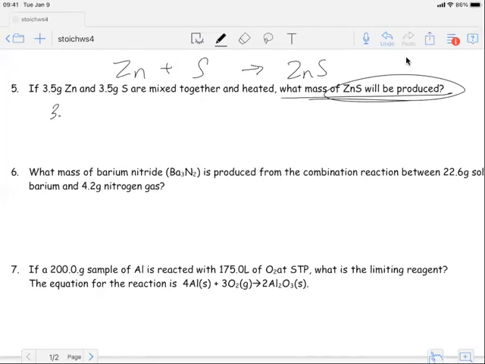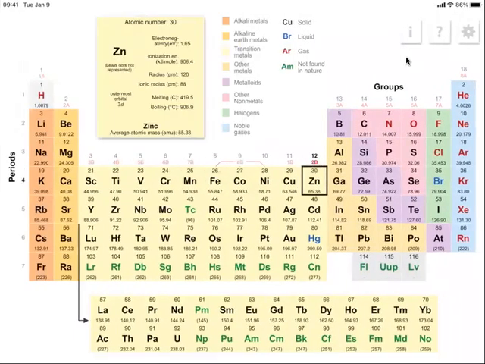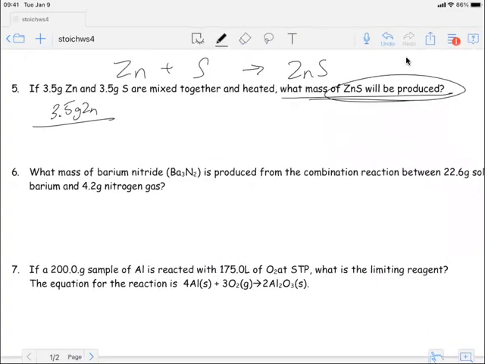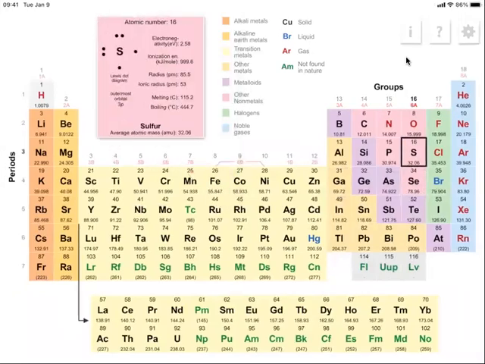So I've got 3.5 grams of zinc, and I got to go to the periodic table, zinc, 65.38, because everything is 1-to-1, so we just need to do for 1 mole. I've got X over sulfur. Sulfur is 32.06.